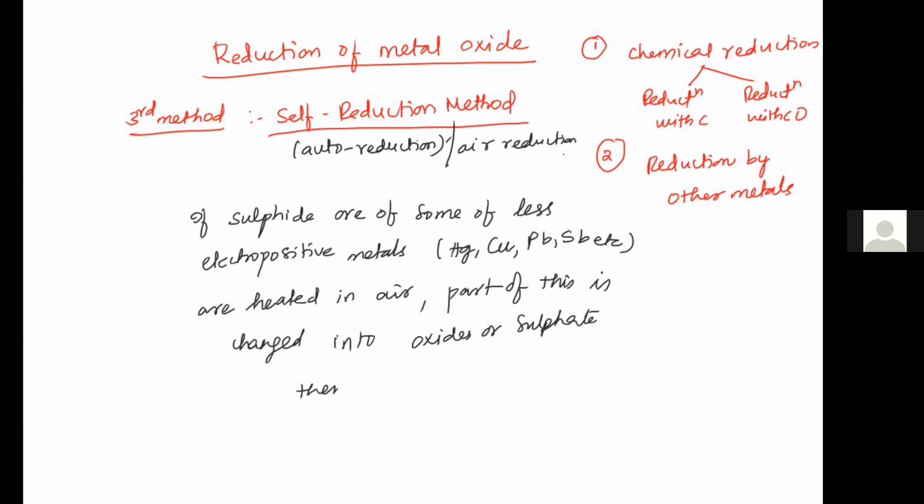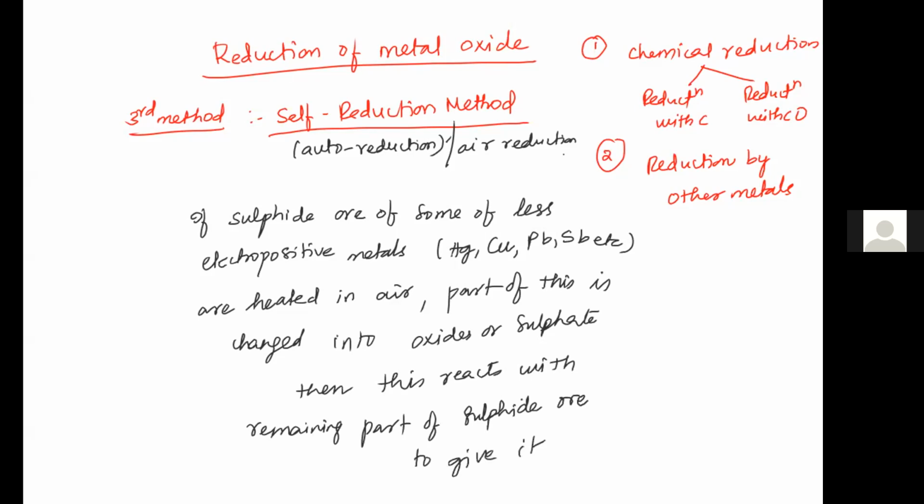Then this reacts with the remaining part of the sulfide ore to give its metal and sulfur dioxide gas. For example, let me write.